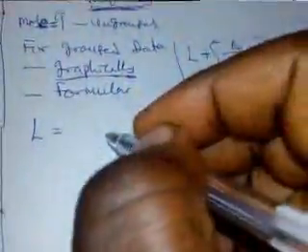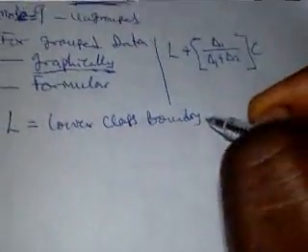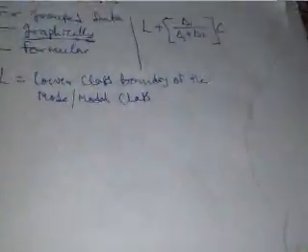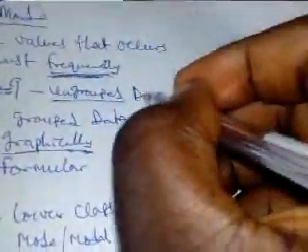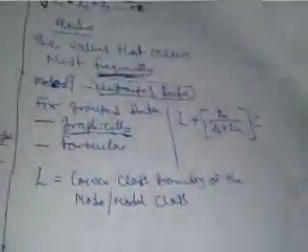Now the L is called the lower class boundary of the mode or modal class. Mind you, we are treating group data here, so it's different from what we did earlier.